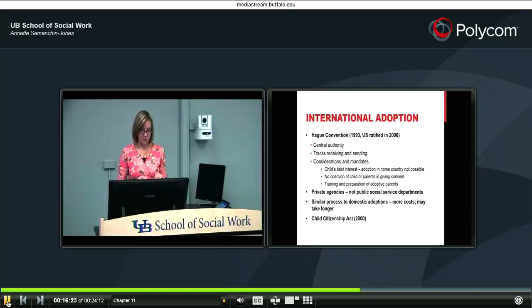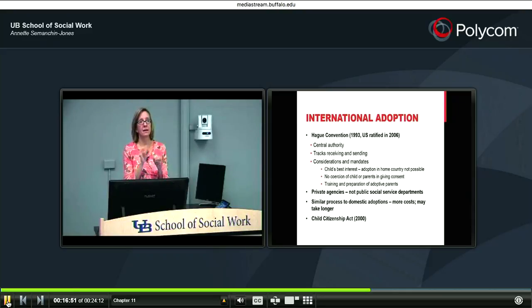And then just a little bit more about international adoption. I mentioned the Hague Convention. It was from 1993. The U.S. did not ratify this until 2006. But this is a significant international body that tracks adoption. It tracks data from the receiving countries, the people receiving children to adopt, and the sending countries.